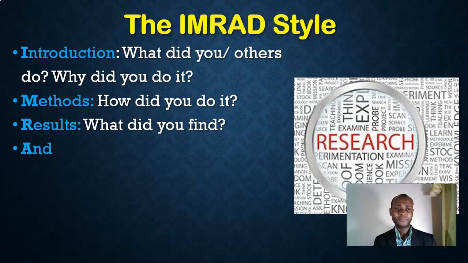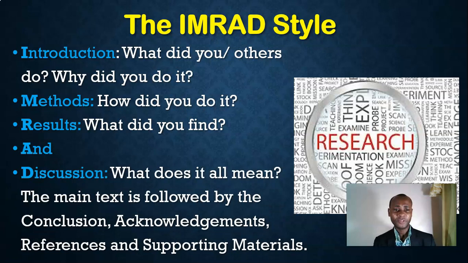Now the discussion answers these questions: what have you found, and what does it all mean? The main text is followed by the conclusion, the acknowledgement, the referencing, and then the supporting materials. Basically, that is a summary of what the IMRAD style is all about.